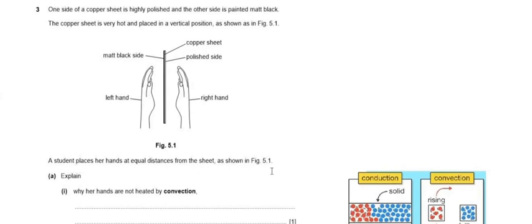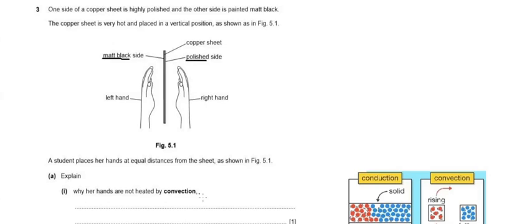You can see this is a copper sheet, and one side is painted matte black and the other side is polished. Explain why her hands are not heated by the process of convection.